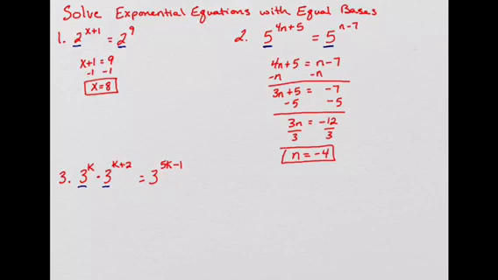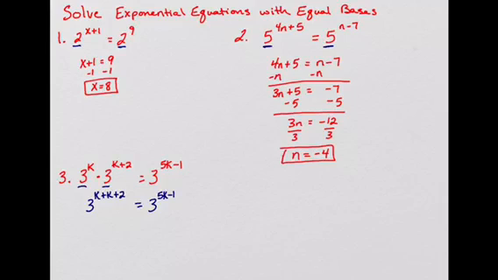So remember, when we multiply variables, we add the exponents. That's our property for exponents. Whenever we multiply, as long as the bases are the same, we can add the exponents. So what I can really do here is take that k plus 2 and add it to the k, equals 3 to the 5k minus 1.